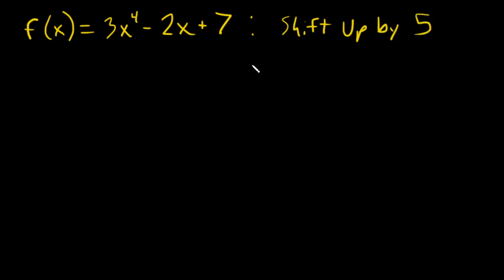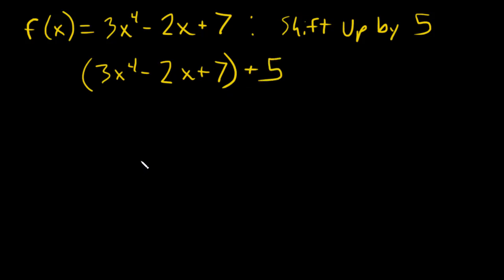How do I do that? Well, all I have to do is take this function, put it in parentheses so it's really clear, and then just add 5 to it. If I wanted to, I could add the 7 and the 5 to get 12, but this is even more clear what's going on. I'm adding 5 to the entire function to shift the function up by 5.